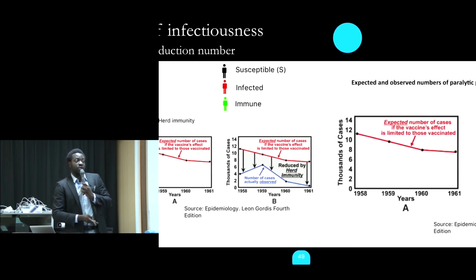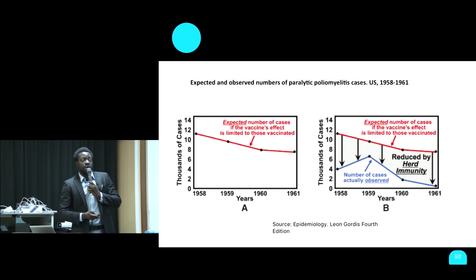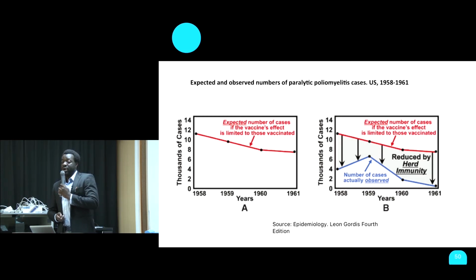This is an example here. Let's look at it in a big slide. This shows the expected number of cases for polio vaccination in the US between 1958 and 1961. So it shows the expected number if the vaccines protect only those who receive the vaccine.